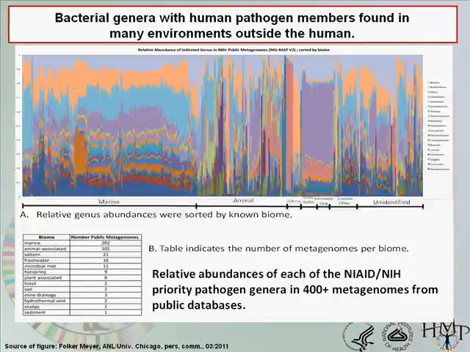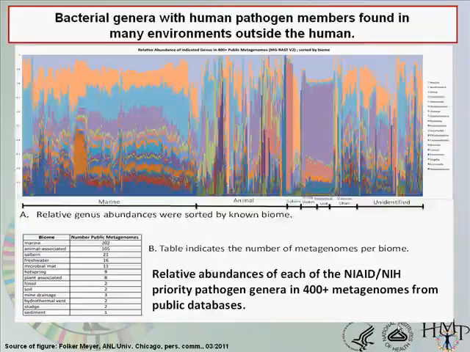And what they found is that all these different environments, marine, animal, and microbial mats, and so on, I think these were not well characterized, showed very high presence of bacterial genera that have human pathogen members. I'm not saying these are actually the pathogens, but if you blast the priority pathogen list against these metagenomes, you see lots and lots of hits.